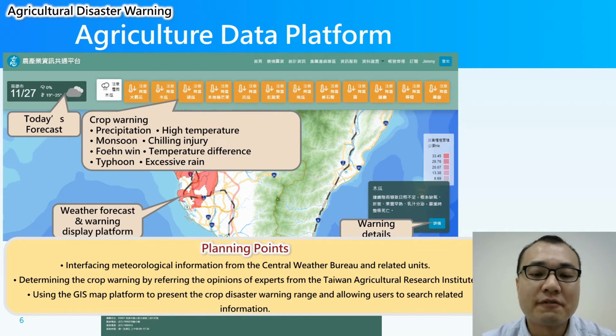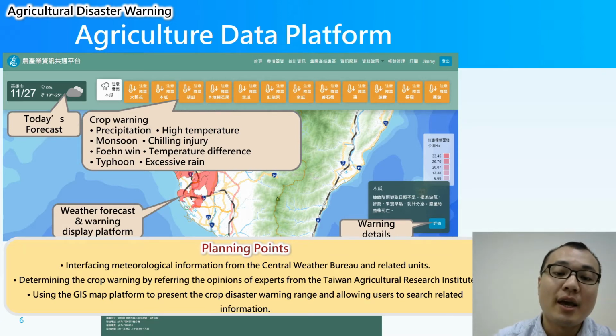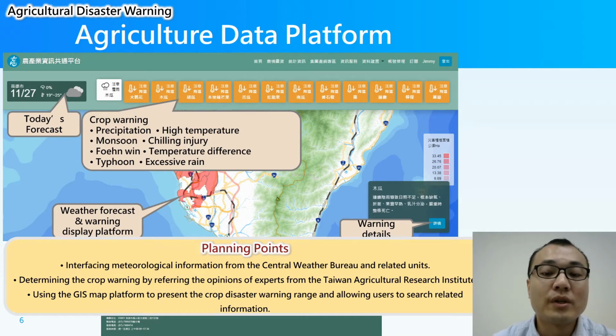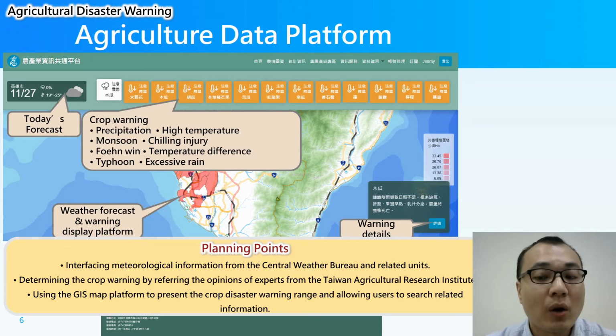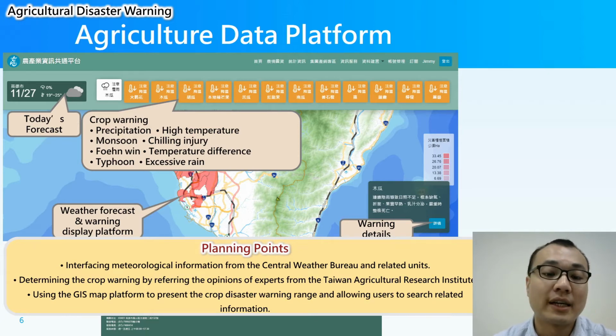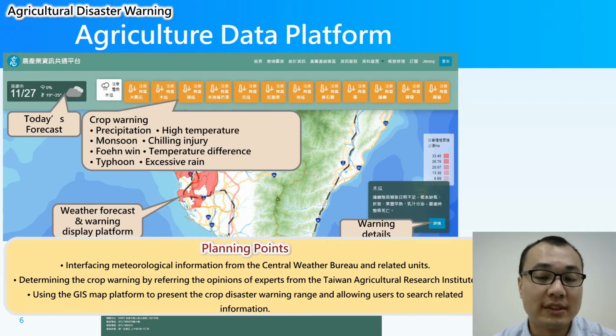We interface with the weather information of the related institute to grasp real-time weather changes, and use the warning conditions and thresholds recommended by experts, providing users with spatial maps and early warning services for different types of disasters.